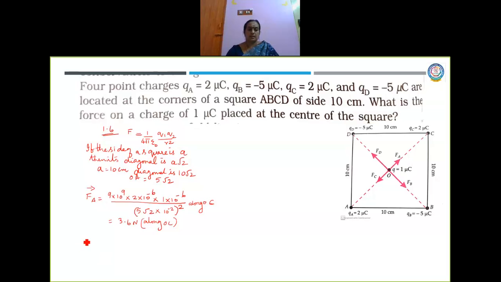Okay? Now next is the force due to the charge at B with the charge at the center. Again same procedure. You will start with 9 into 10 power 9 into, what is the charge at B? It is minus 5.